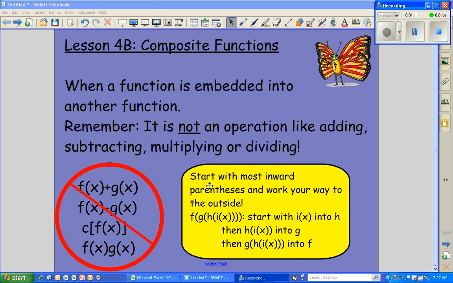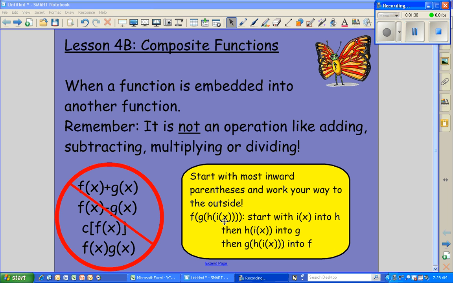When you're talking about composite functions, you want to start with the most inward parentheses, and work your way to the outside. So I put a pretty long one in here. This is f of g of h of i of x. You only have one x here, and that's the innermost parentheses. So you start with x, plug it into the i function, and get an answer.